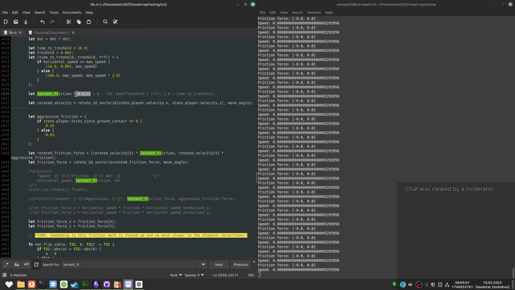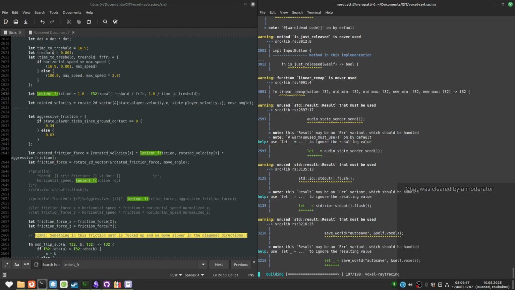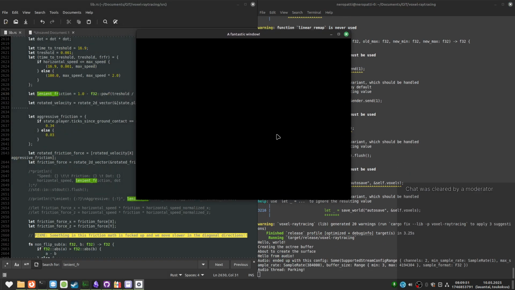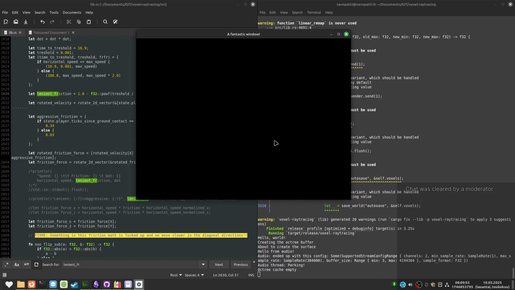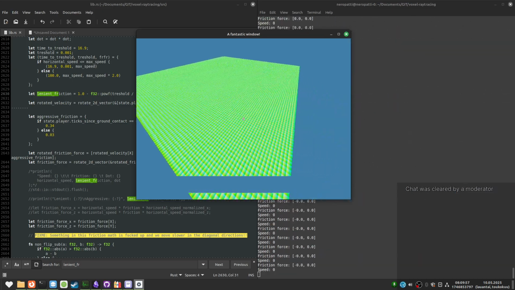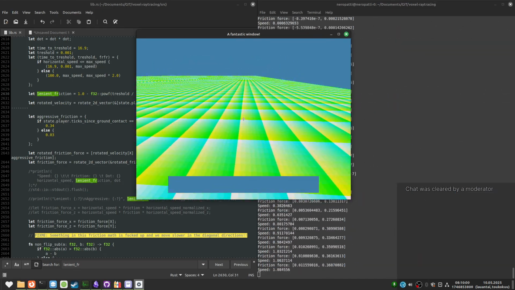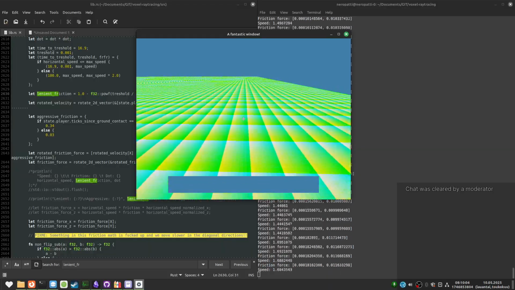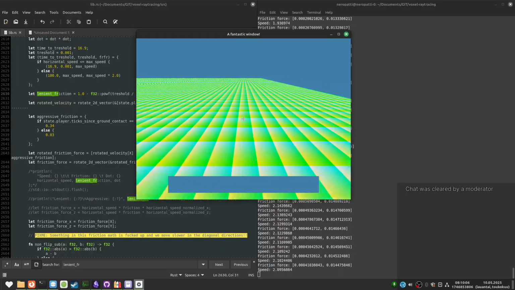Let's restore the lenient friction to what it was. And now I can actually build speed.